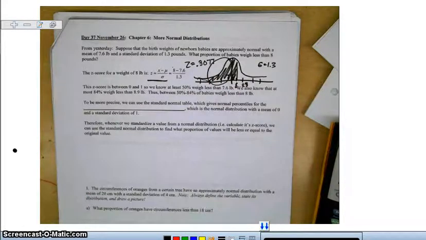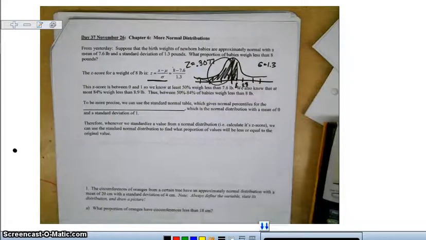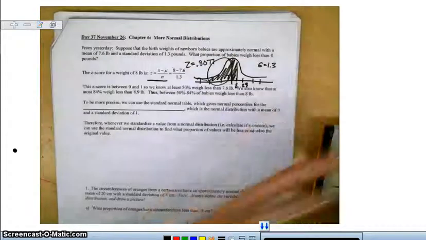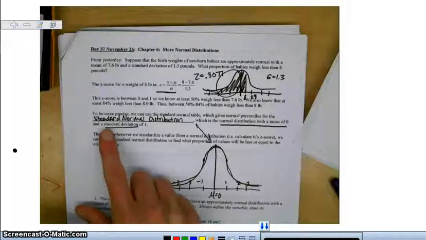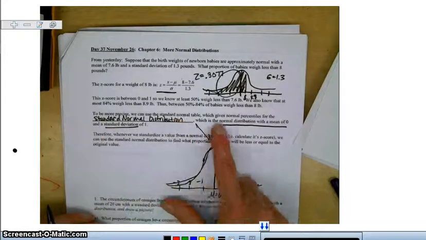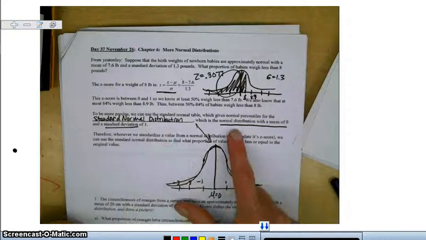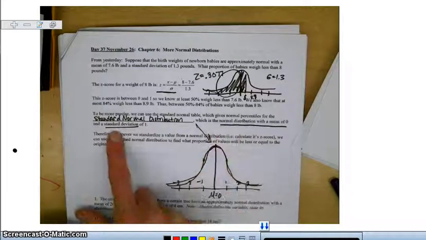So to be more precise, we can use the standard normal table, and this is a table from your AP Stats book. Okay, so we've got the standard normal table, which gives the normal percentiles for the standard normal distribution, which is the normal distribution with a mean of 0 and a standard deviation of 1.